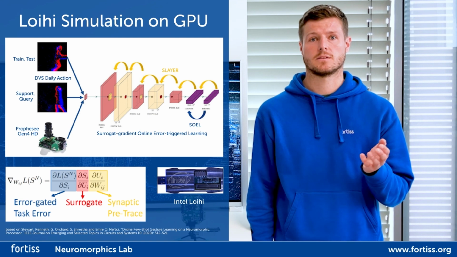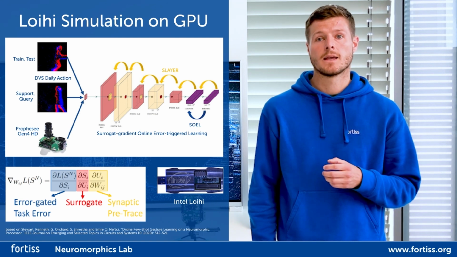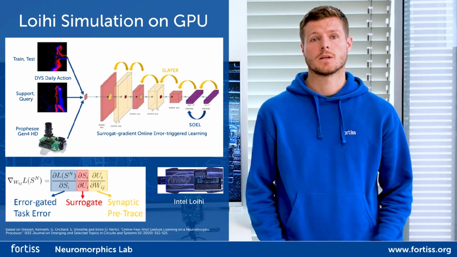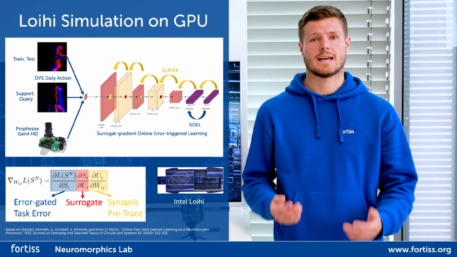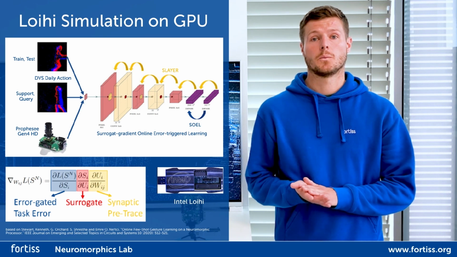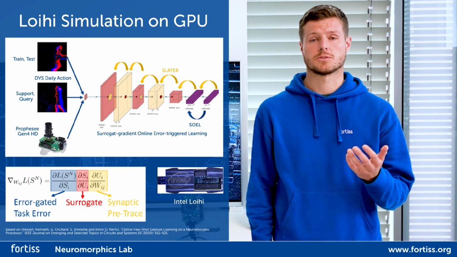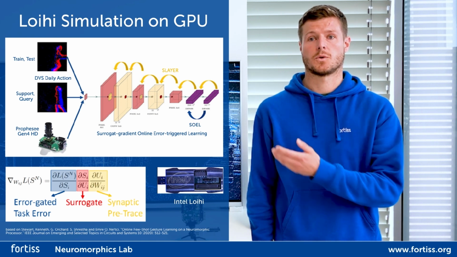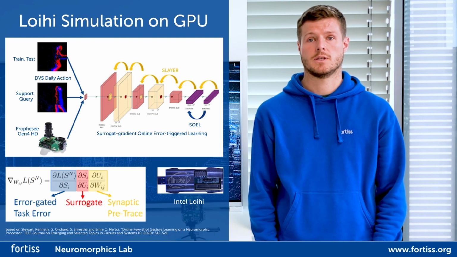So, implementation of local learning rules. In order to prevent catastrophic forgetting in the network, we only update the weights of the last layer of the network. And therefore, we use an error-triggered delta rule, which was introduced by Stewart in his work on online few-shot gesture learning on a neuromorphic processor.